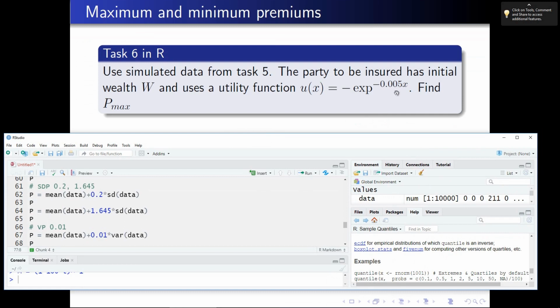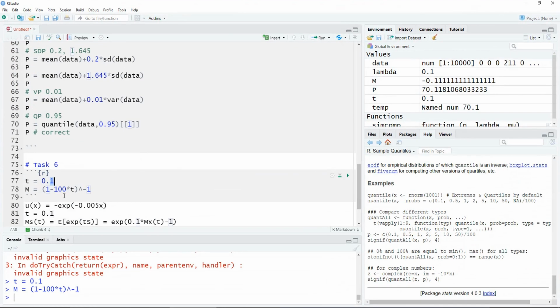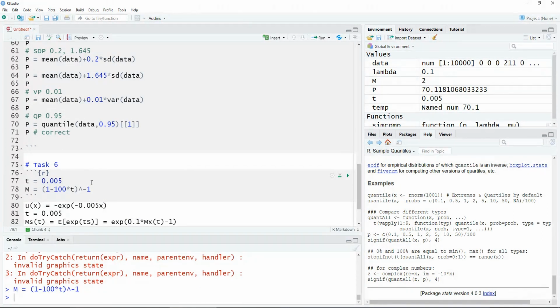No, t is 0.005, sorry. T is this value. Okay. So what is the idea? Yes, m is 2. We have found that m is 2.